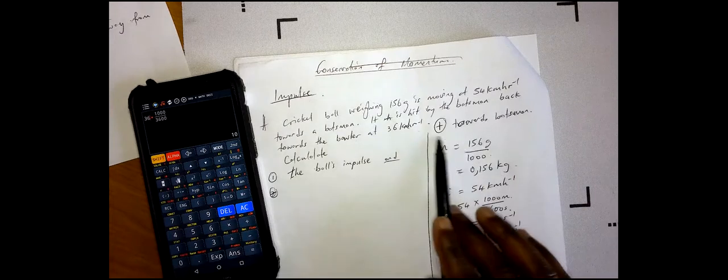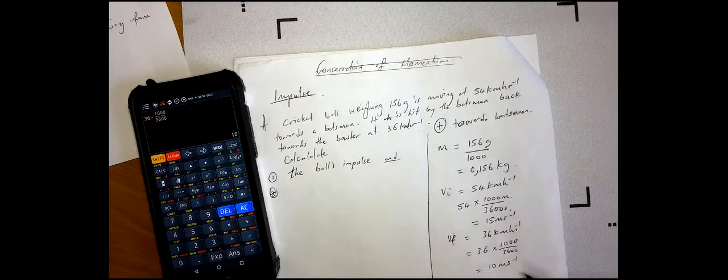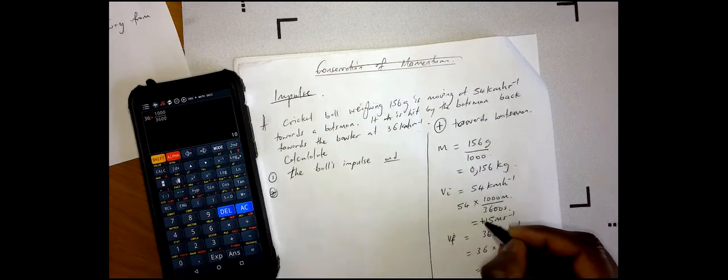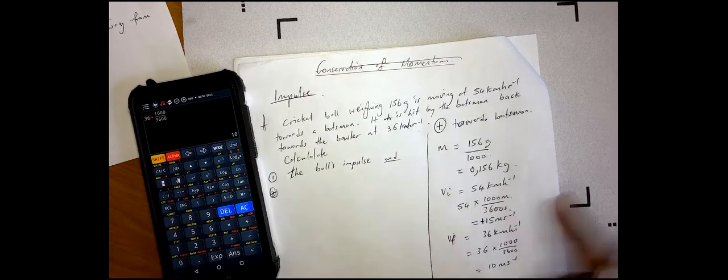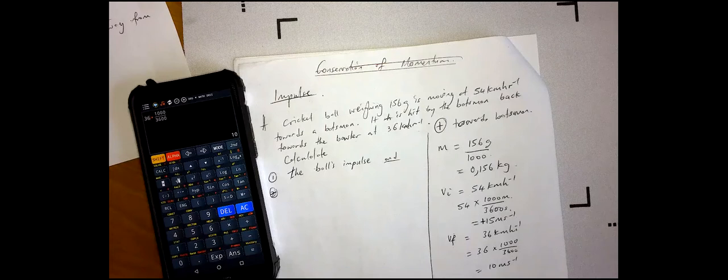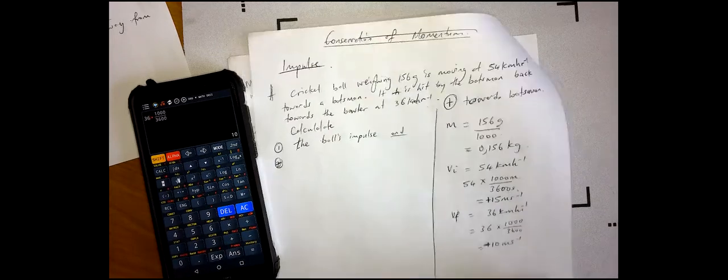So here we are saying that's our positive side, and because that's the V initial, it's positive. And here now is toward the bowler, so it's going to be negative. It's no longer positive here. So our final velocity is negative 10 meters per second.